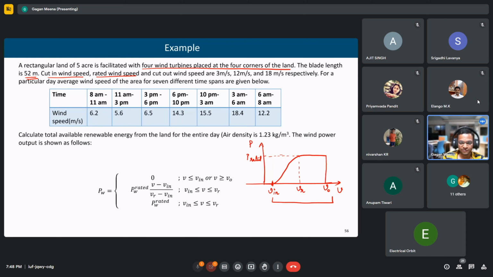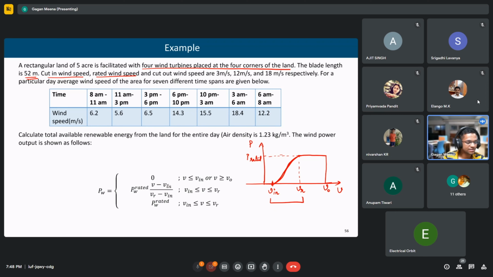So between V in, the cut-in, and rated speed, at rated speed it can provide the rated amount of power. So between this there is a linear relation. So here it is considered a linear relationship, although we can have quadratic here, even cubic also.